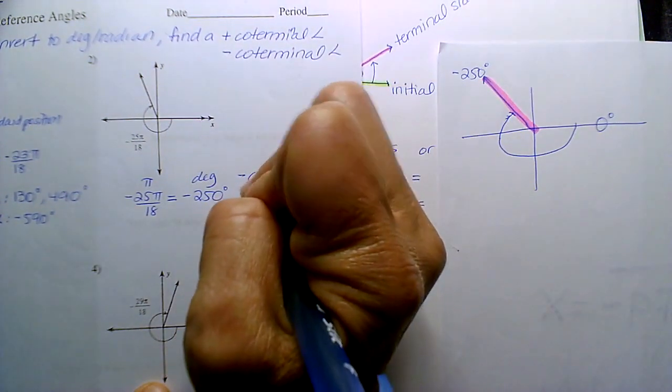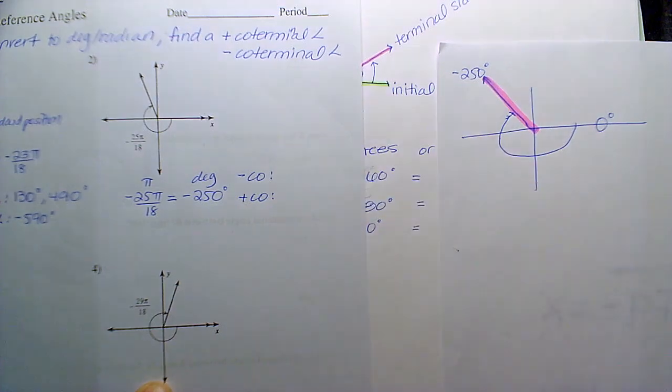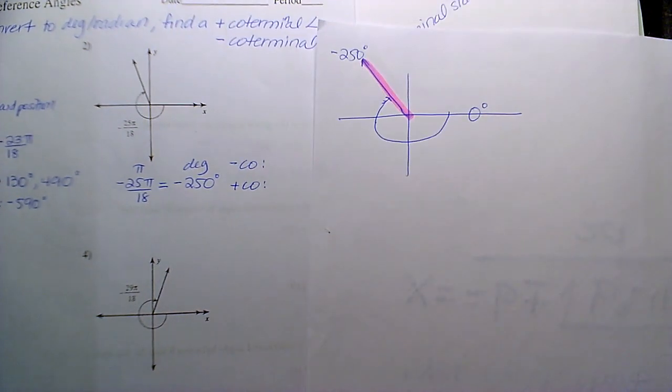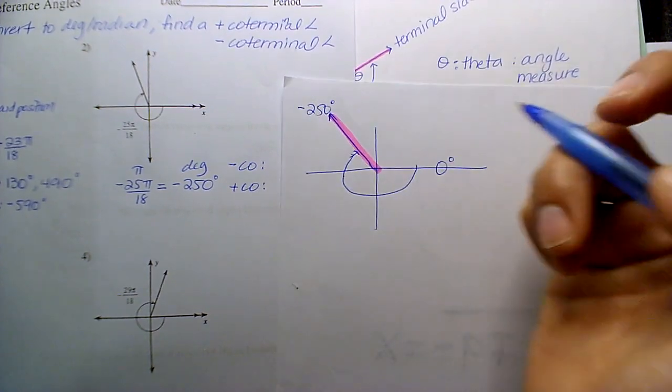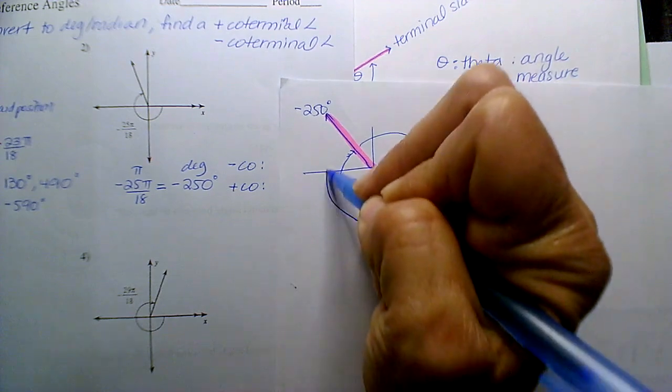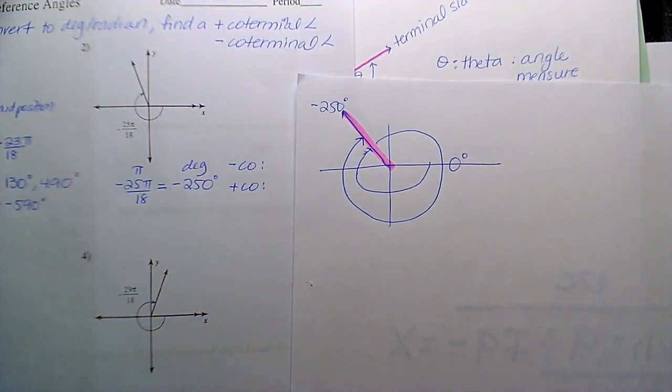So let's do them both. I'm just going to put co and positive co, because I'm not going to have space. But then after, we'll put them back in radians. If it's negative 250 and we go another revolution, what would that negative 250 become? Negative 610.